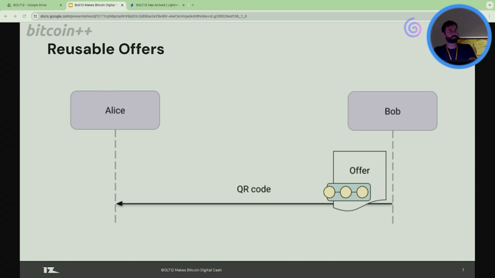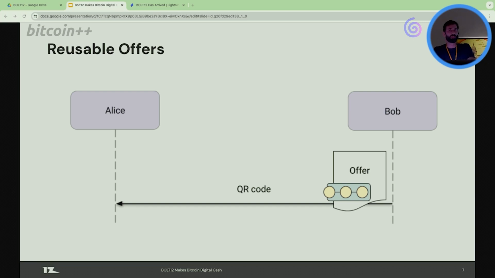Fluctuations in the price of Bitcoin, especially if these offers are something where the expiration's in a week. So the offer may be denominated in fiat, but the payment will always be in Bitcoin. So we'll get into that.